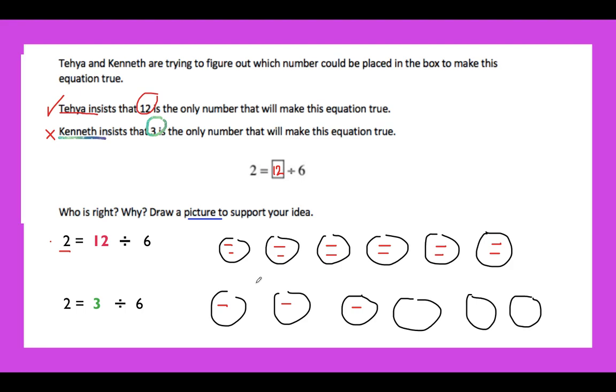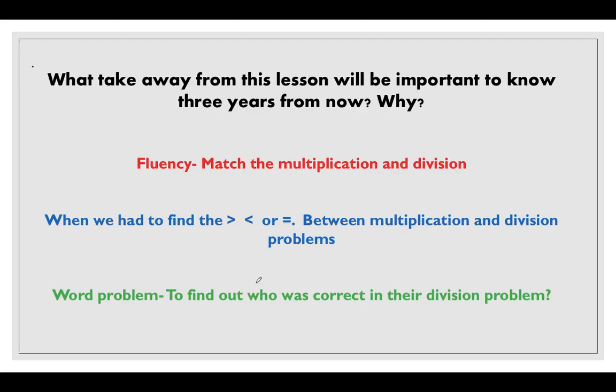All right, let's go to our closing problem. It says, what takeaway from this lesson will be important to know 3 years from now and why? So do you think that the most important thing that we need to know 3 years from now is the fluency that we did, where we had to match the multiplication and division problems with the line? Or do you think the most important thing is when we had to find the greater than, less than, or equal between multiplication and division problems?